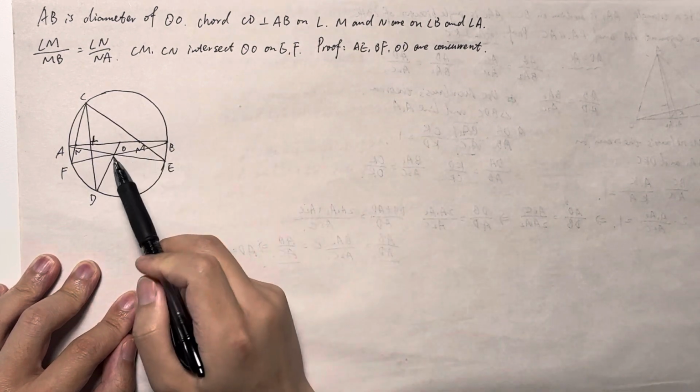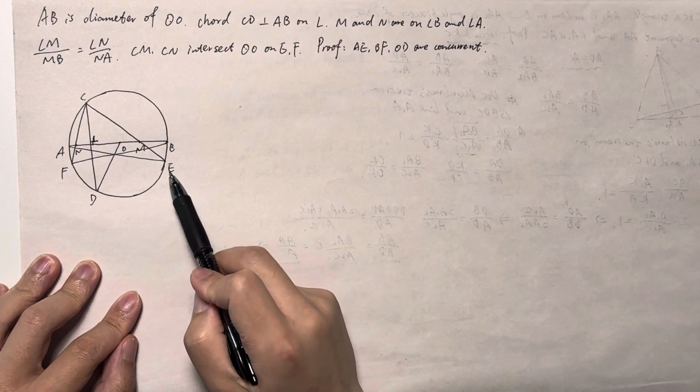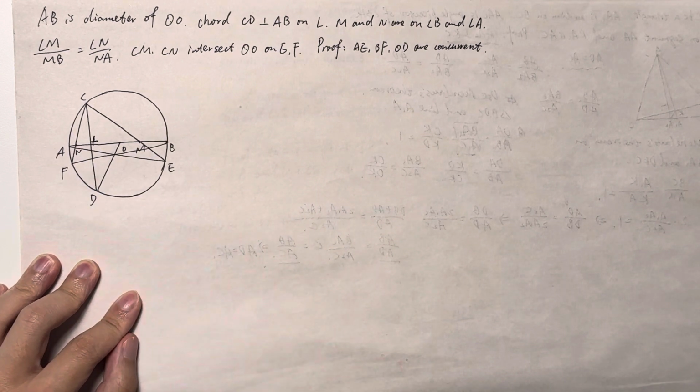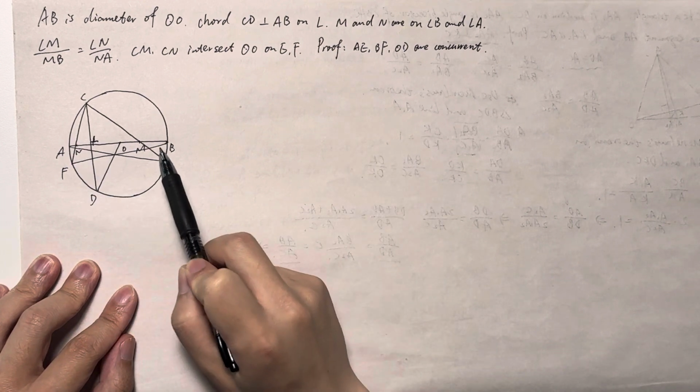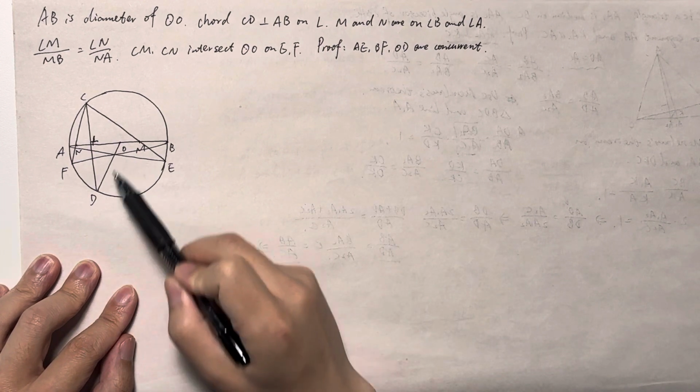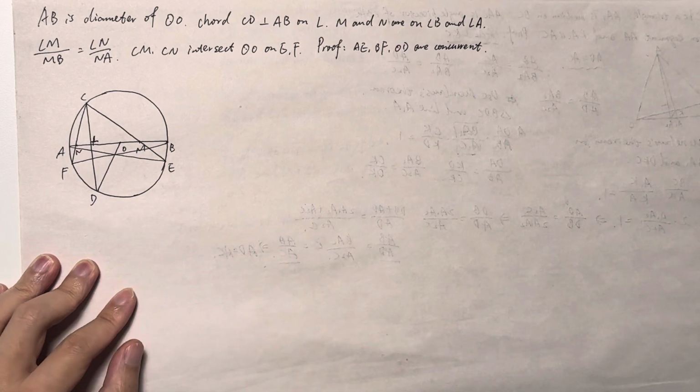CN intersects circle O at points E and F. Prove: AE, BF, OD are concurrent.